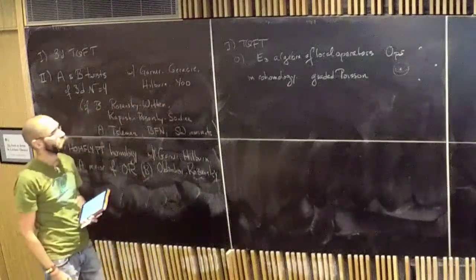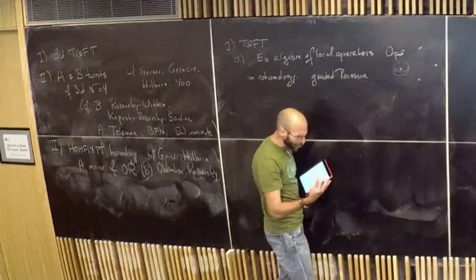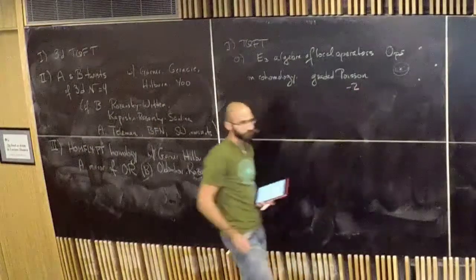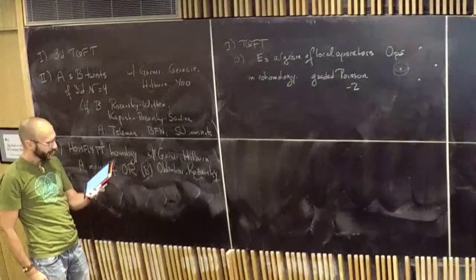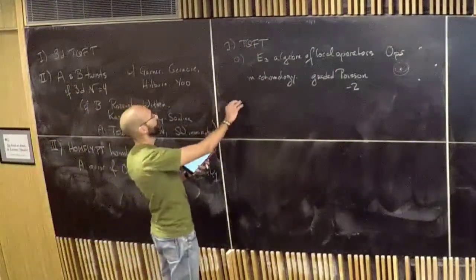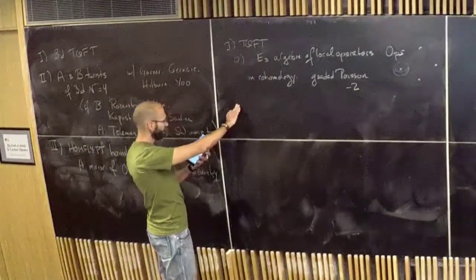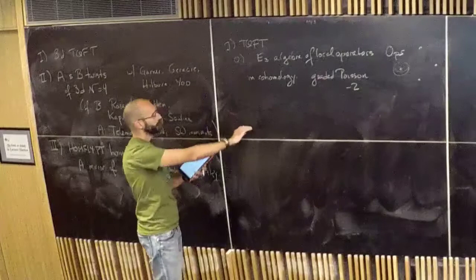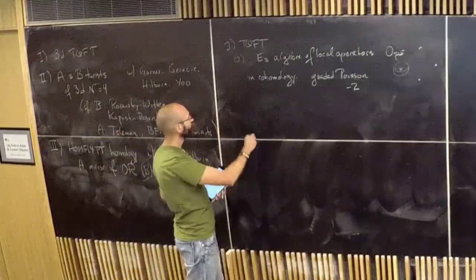What is the degree of this Poisson bracket? It's degree minus 2. Also, in physics, one talks about a moduli space of vacua.